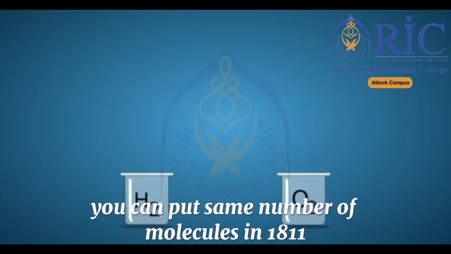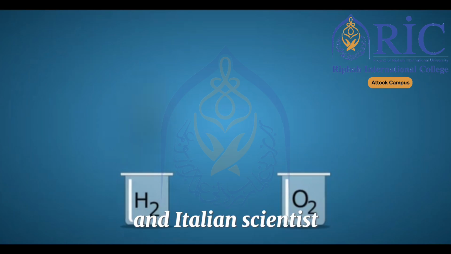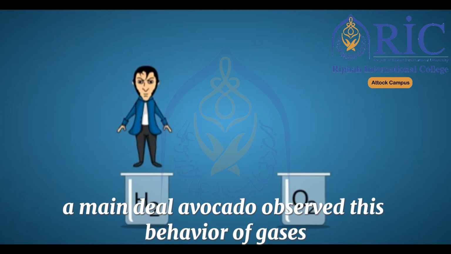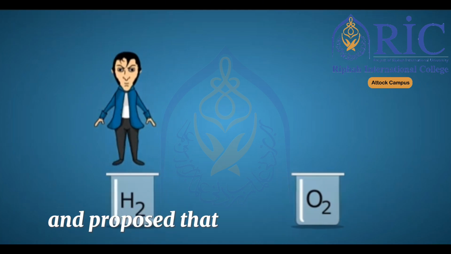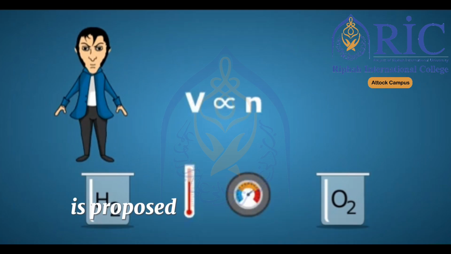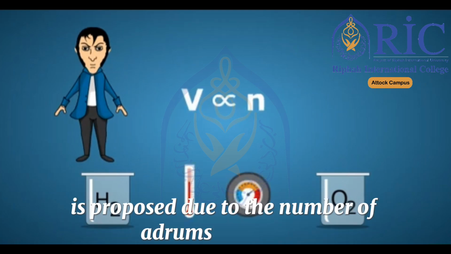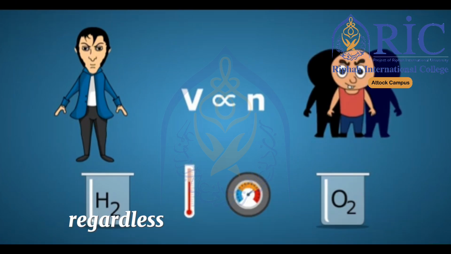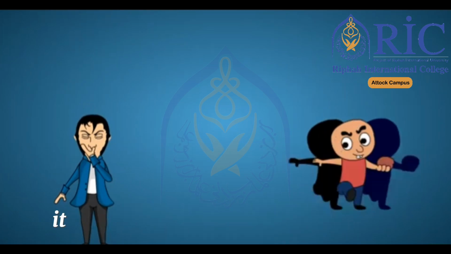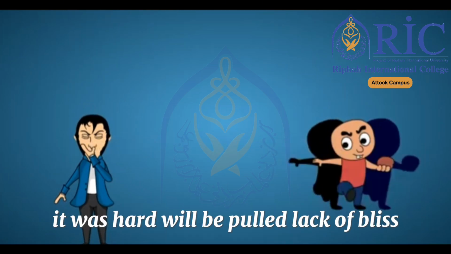In 1811, an Italian scientist, Amedeo Avogadro, observed this behavior of gases and proposed that the volume of a gas at a given pressure and temperature is proportional to the number of atoms or molecules, regardless of the nature of the gas. When Avogadro first proposed this hypothesis, it was hard for people to accept it.